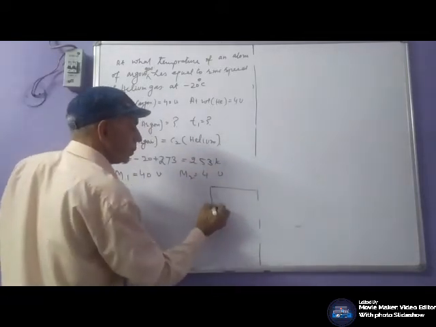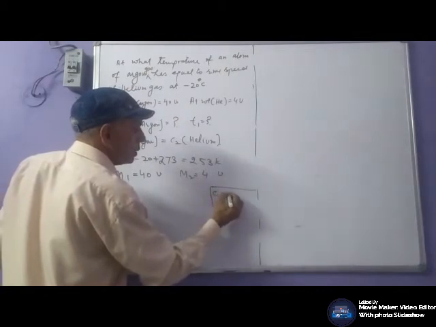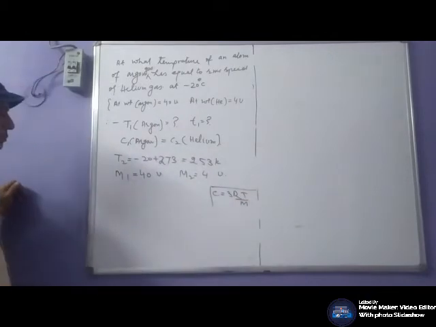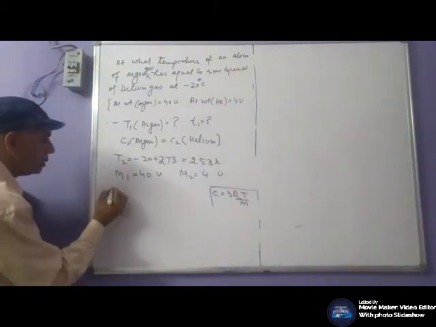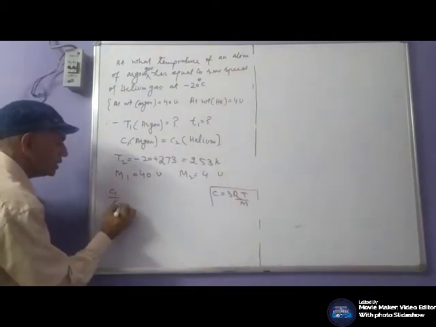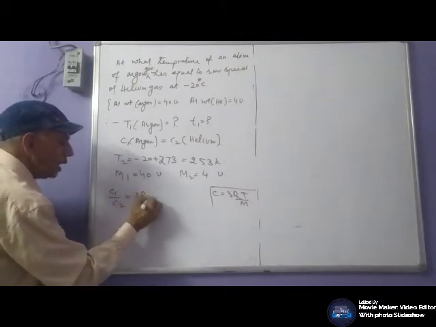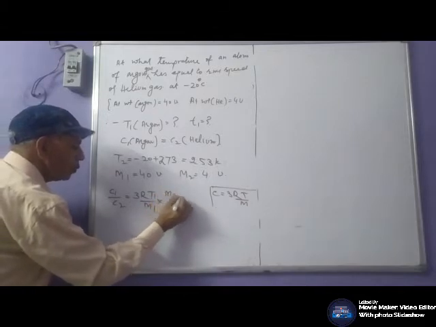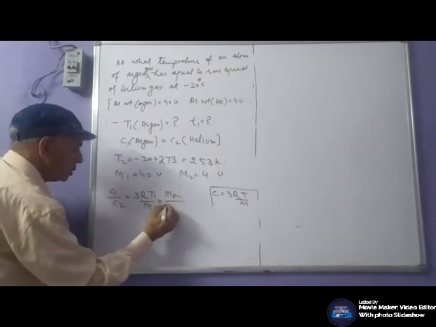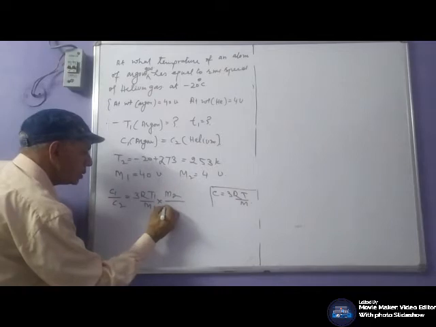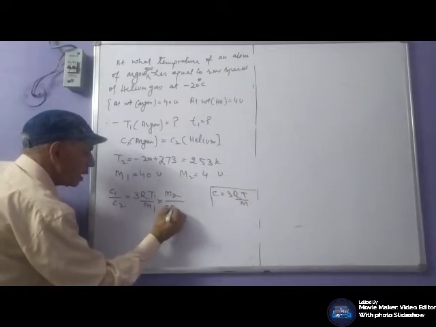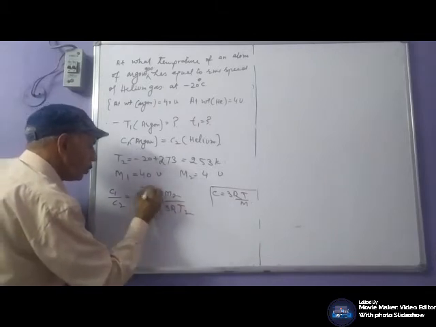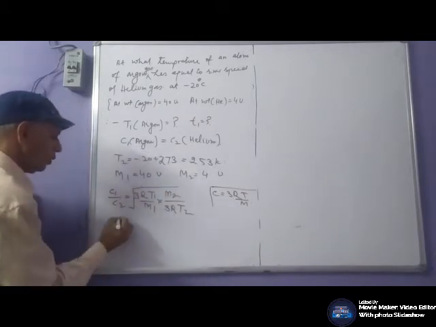Again, C is root of 3RT by M. C1 by C2 is root of 3RT1 by M1 over root of 3RT2 by M2.